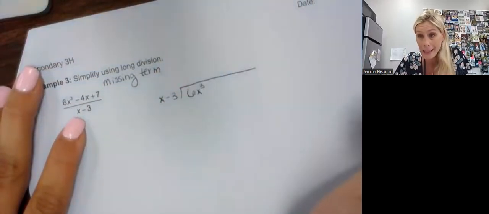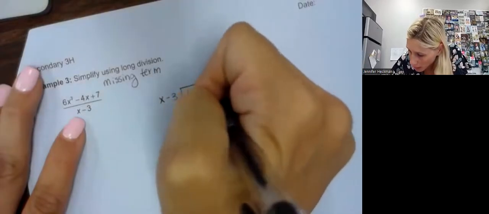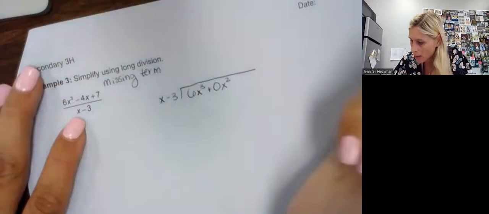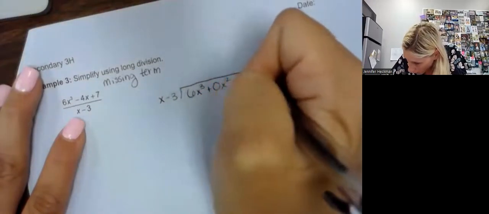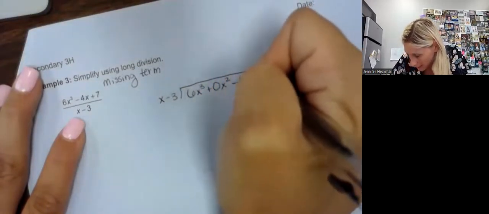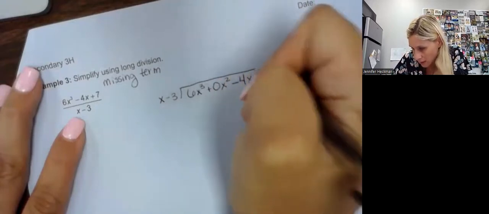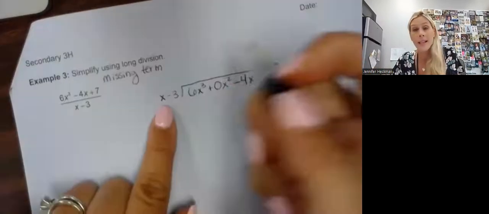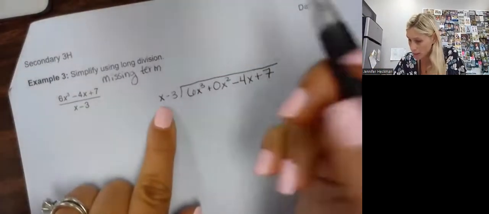Now I'm missing x squared, right? So what I'm going to do is say plus 0x squared minus 4x plus 7. So when I do this long division, I need to put in that missing term so it doesn't confuse me. Let's do this like we normally do long division.